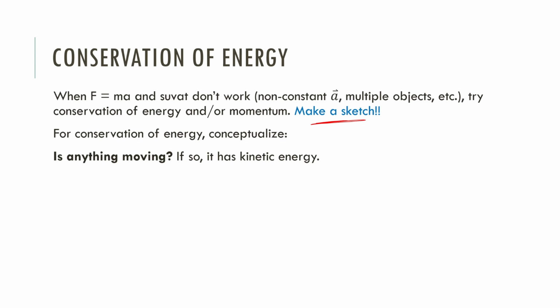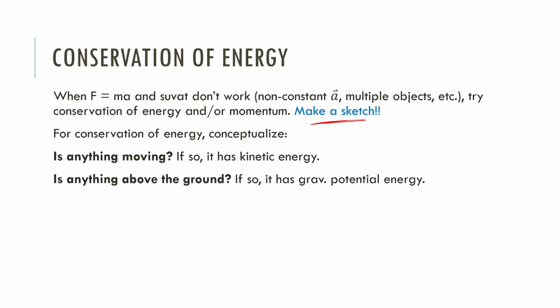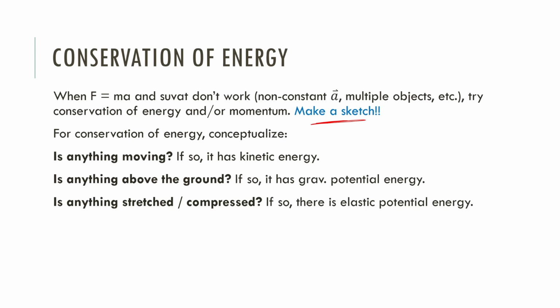That's not a thing. The rules are just this. What does kinetic energy mean? If something's moving, it's got kinetic energy. If something is up above the ground, which is usually how we deal with these in a simple, not-in-space kind of mechanics problem, then it's got potential energy. And remember, we have an elastic potential energy.